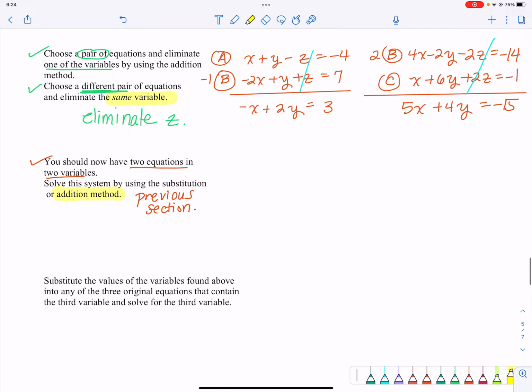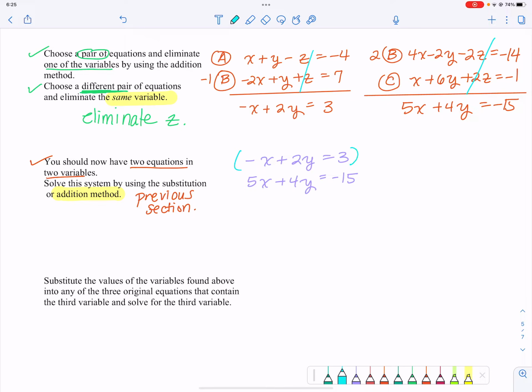If we have negative x plus 2y equals 3 and 5x plus 4y equals negative 15, as you can see, we could eliminate y if we multiplied the first equation by a negative 2.